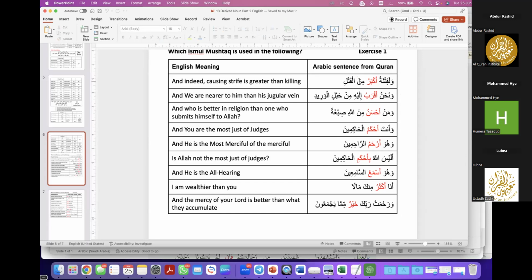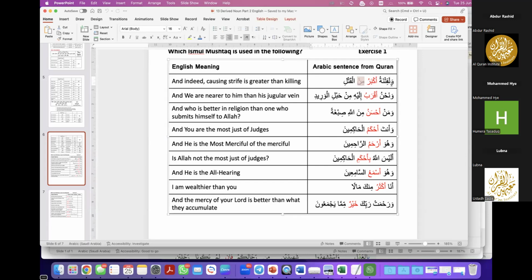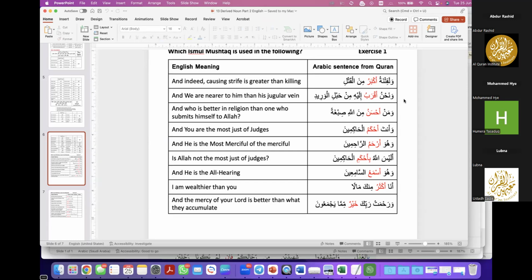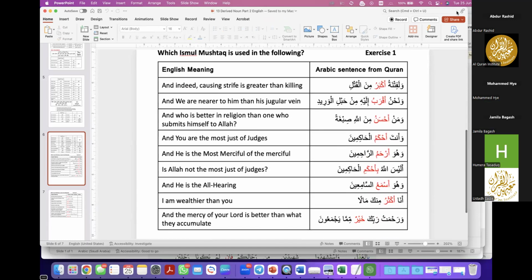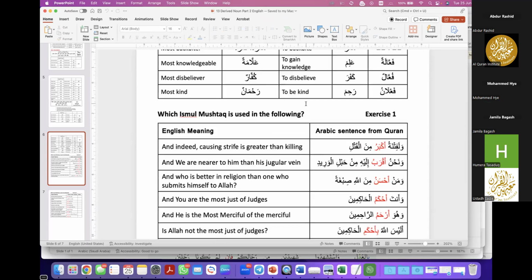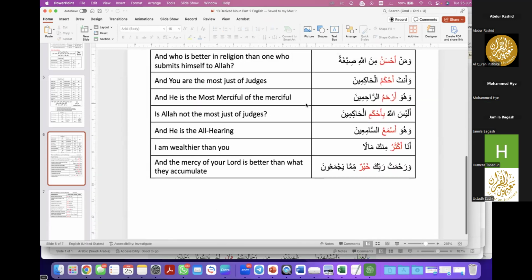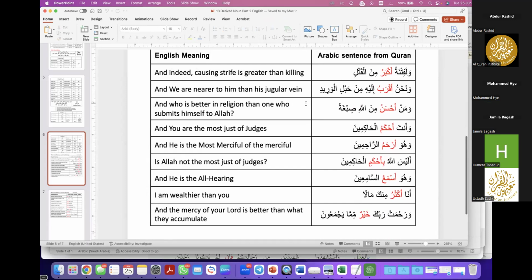That's the hint. Is it superlative or comparative? If you look at the meaning, enlarge it on your screen. Just zoom it with your own fingers. Indeed, causing strife is greater.